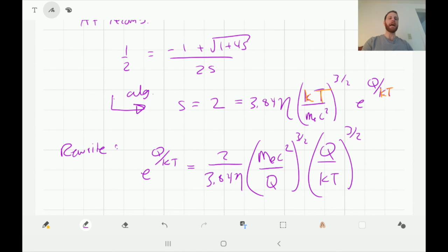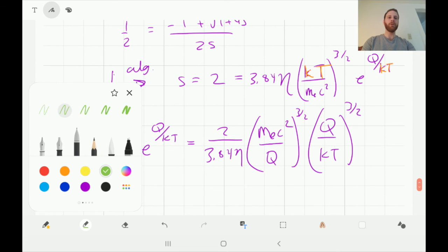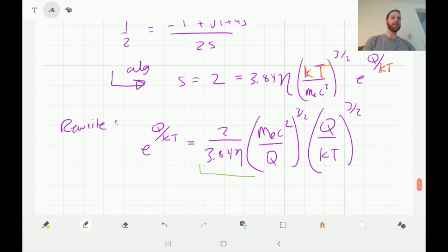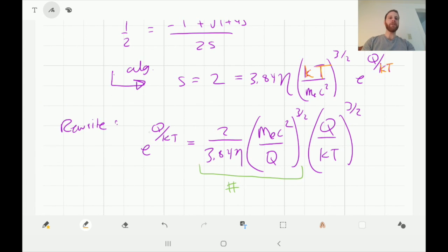It's something you're allowed to do. What that allows you to conclude is that everything out front here is just some number. You can get that. And then what you're left with trying to solve for is this ratio, Q over kT.